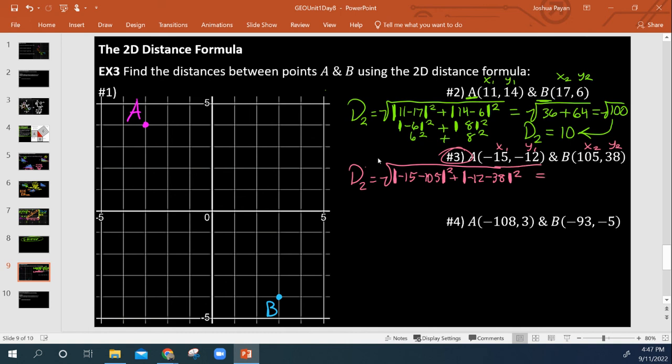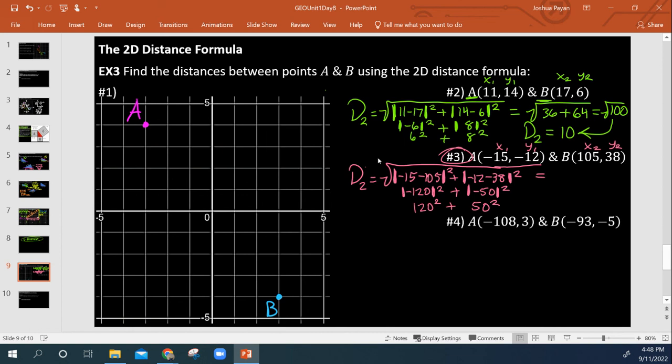Okay. And negative 15 minus 105, well, that's going to be negative 120, whose absolute value, of course, is 120. Okay, negative 12 minus 38, well, that's going to be negative 50. And whose absolute value is simply 50.